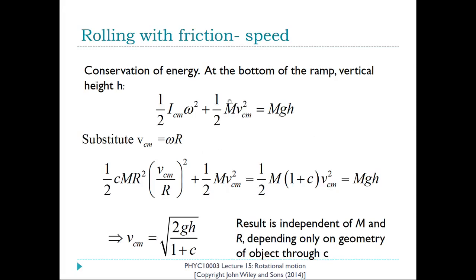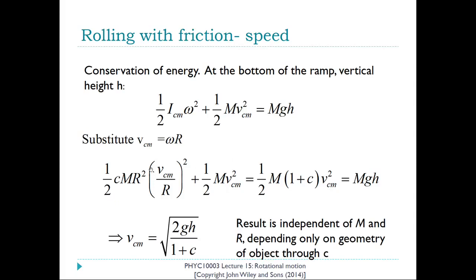In this case, for the translational kinetic energy, where m is the mass of the system, we can say that this v, the speed of the center of mass, is going to be equal to our angular velocity times r. And this goes back to the table we showed you before when we translate things across. So we simply plug this value into our equation, and that value squared, we're just plugging and chugging as we go along.